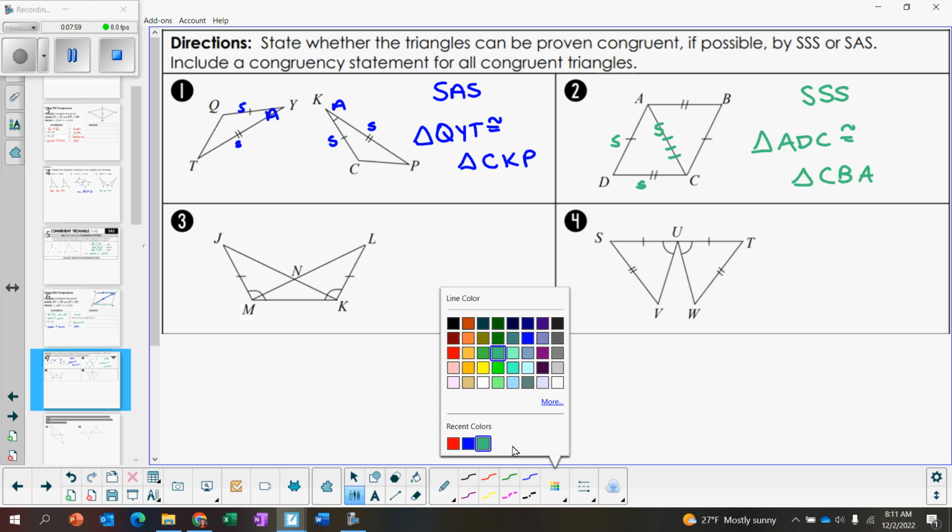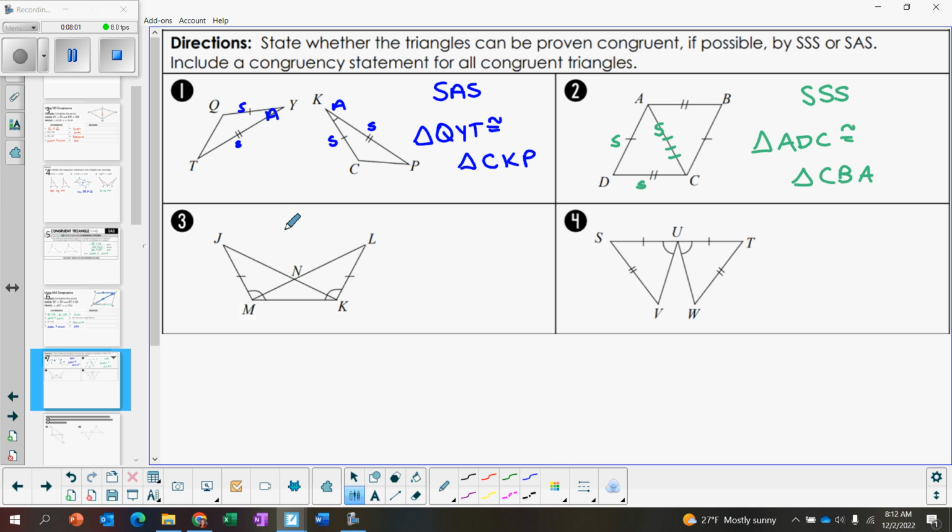Number three is a tricky one because they overlap. I do have the side SK in both triangles, so I can mark that as congruent. I'm going to redraw at least one of them, if not both. So this is triangle JMK. This whole angle here is one.